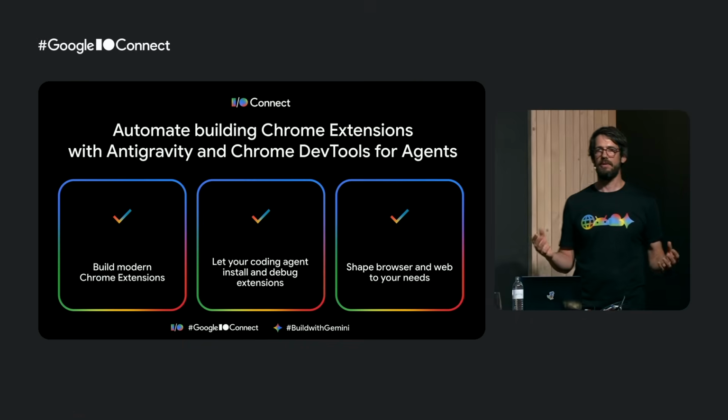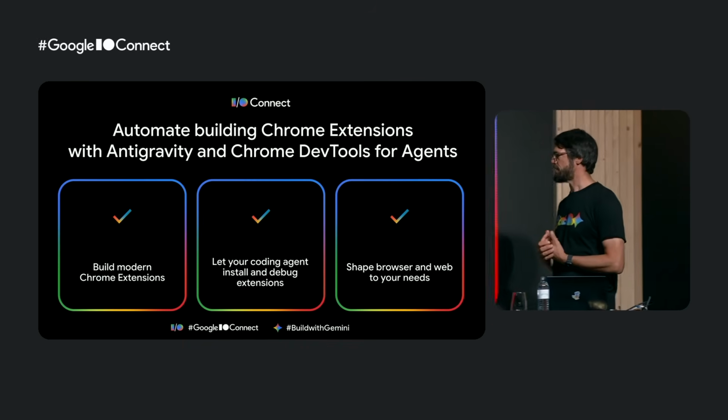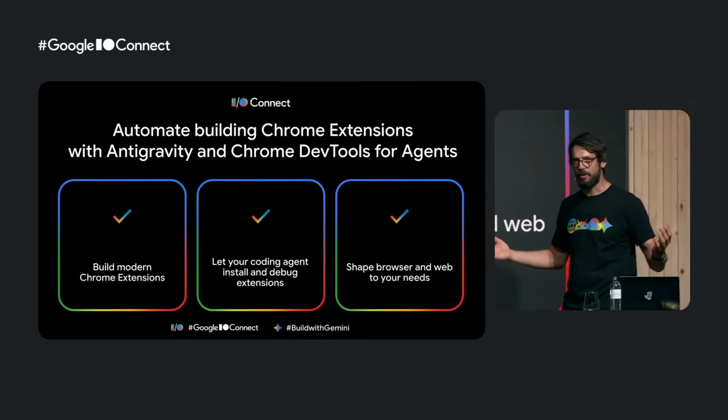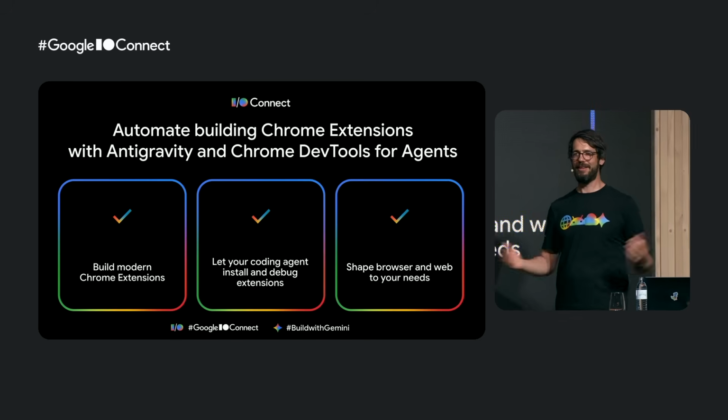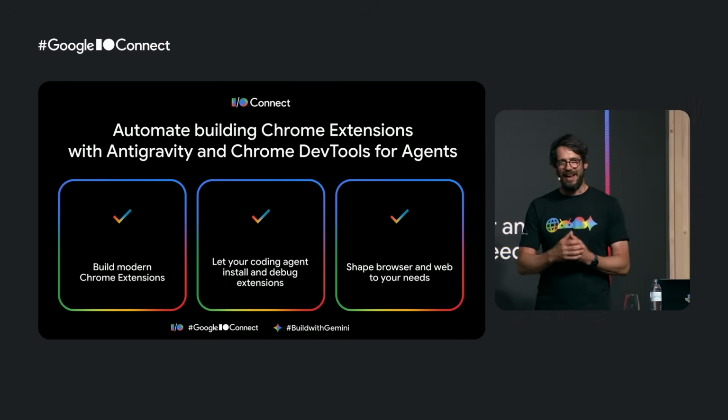I think that's a critical gap that has been closed and makes the whole development flow so much easier. And most importantly, what I hope you've seen is that extensions are really powerful. You can shape the browser and the web to your needs. And it's so easy now to do this.